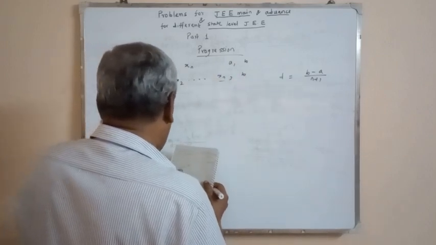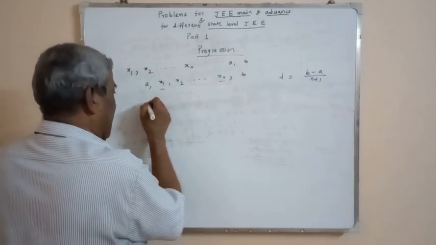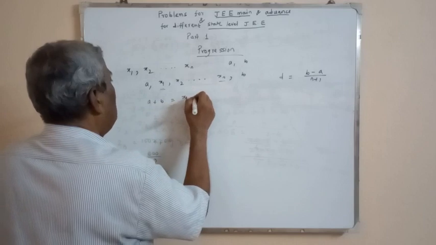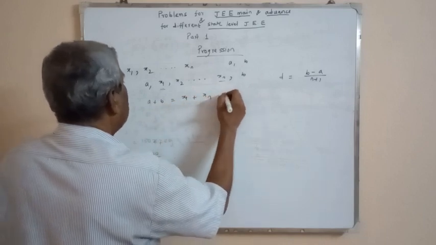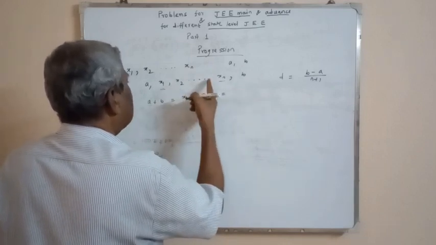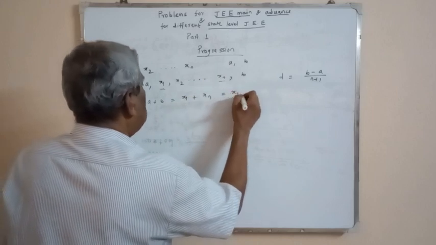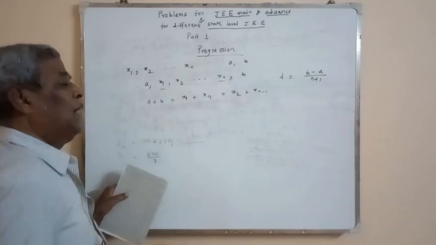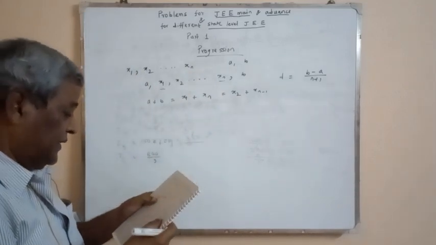Their sum is always equal. That is, a plus b is equal to x1 plus xn, is equal to x2 plus xn minus 1, etc. They are all equal. This is a very important property.